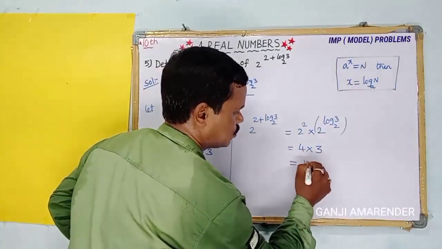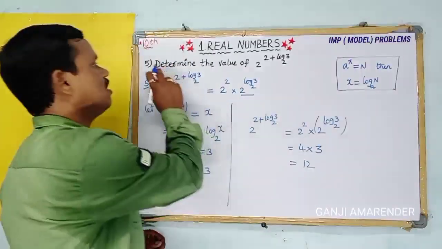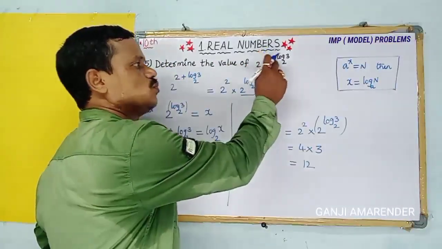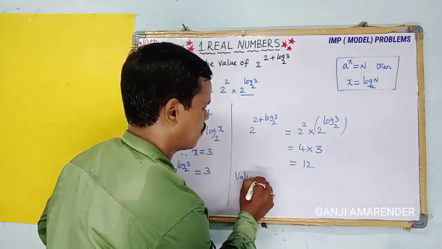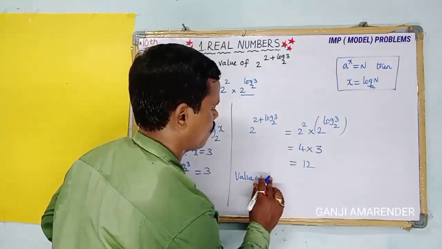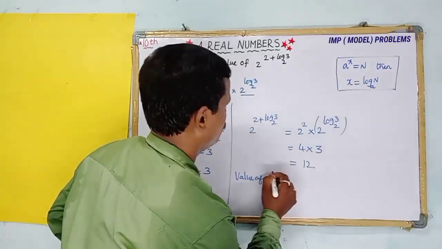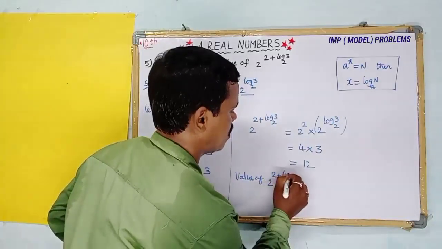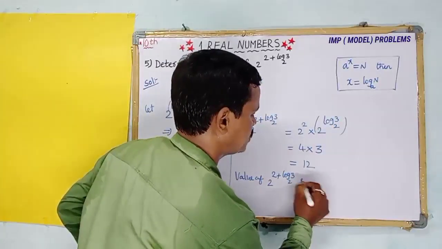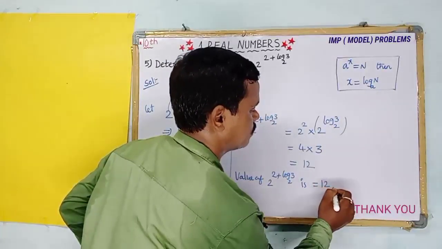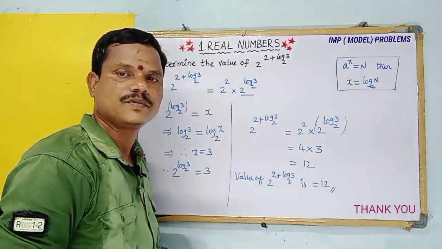So 4 times 3 is 12. The value of 2 power 2 plus log 3 base 2 is 12. Okay, thank you.